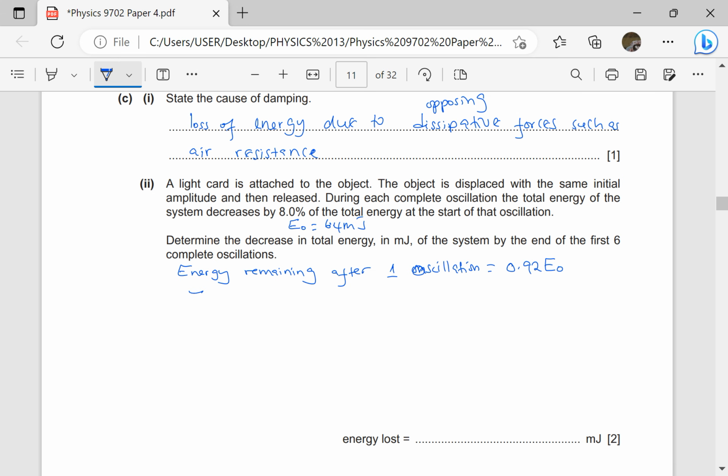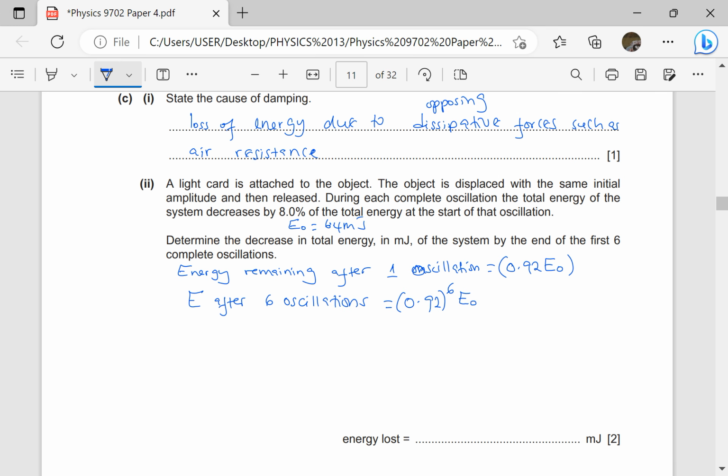So it means energy after 6 oscillations, I'll always be getting 0.92 of this, again times 0.92 of the new value, again times 0.92 of that, which is going to be equal to 0.92, 6 times, the original amount of energy.